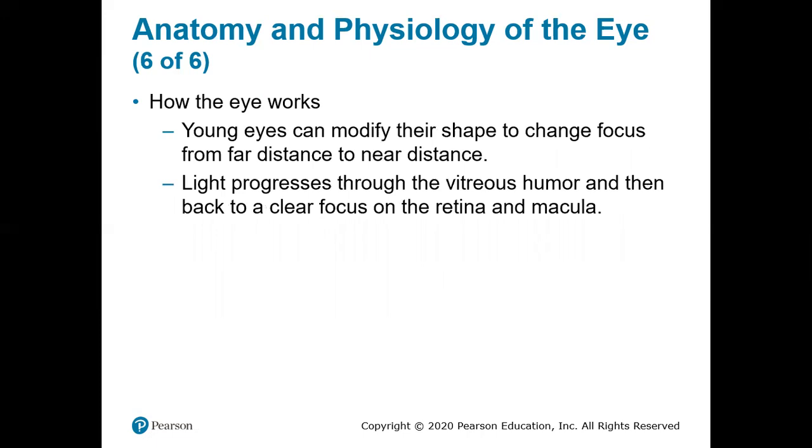Young eyes can modify their shape to change focus from far distance to near distance. Light progresses through the vitreous humor, then back to a clear focus on the retina and macula.